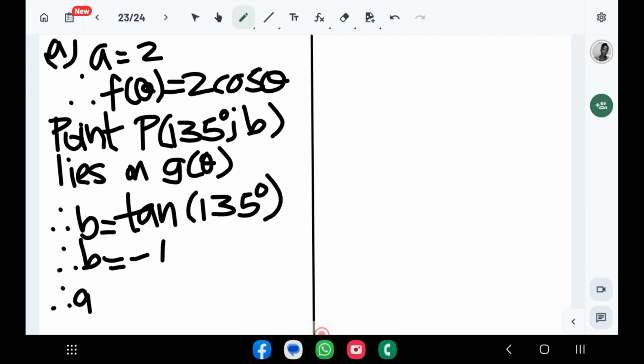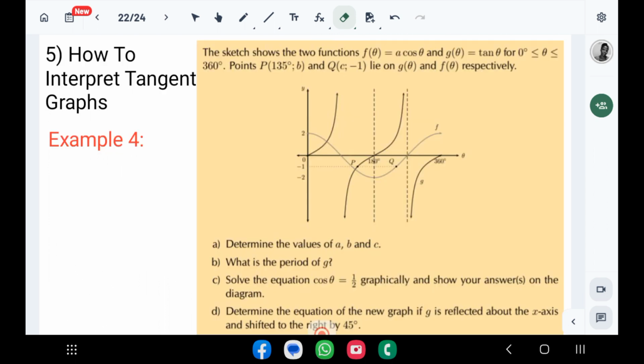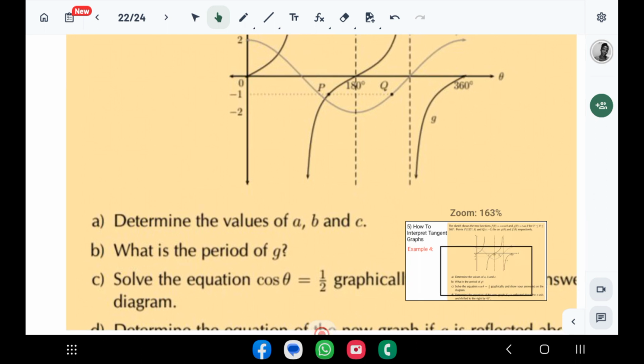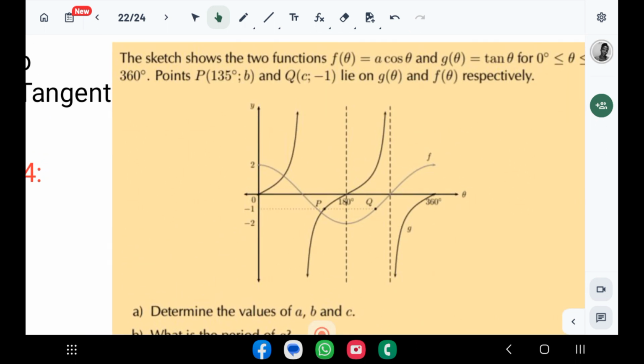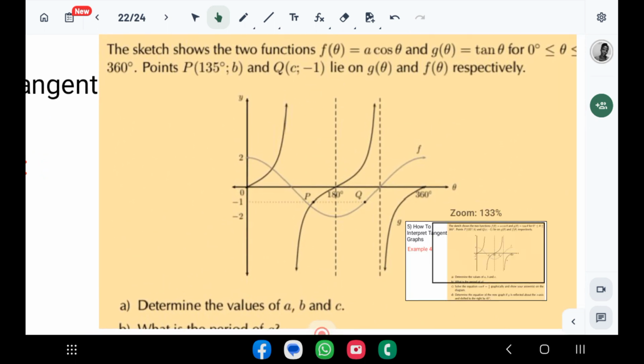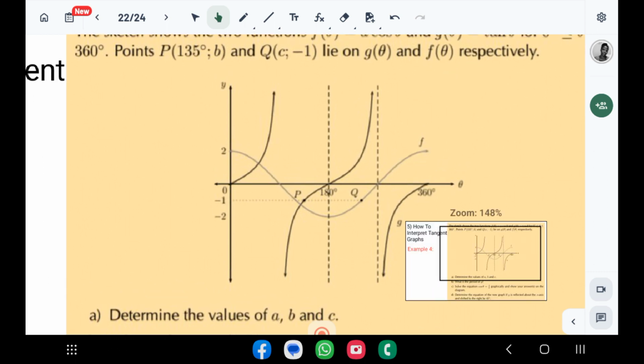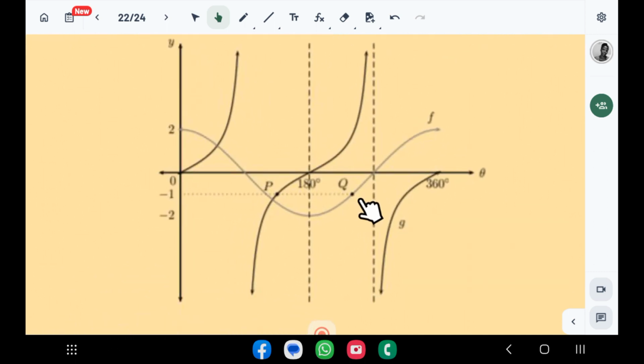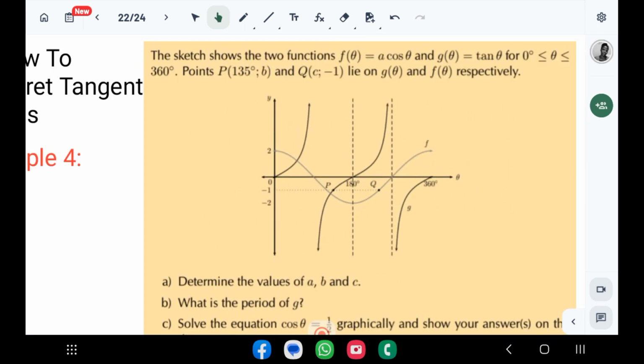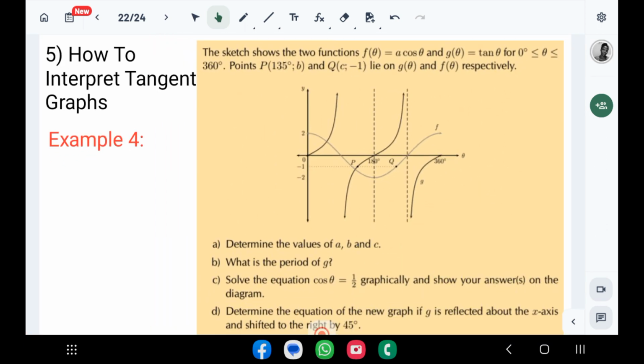Therefore, g of theta equals tan of theta, and b equals -1. Next one, we're looking for c. Okay, c is part of the point Q (c, -1), and that lies on the graph of f.